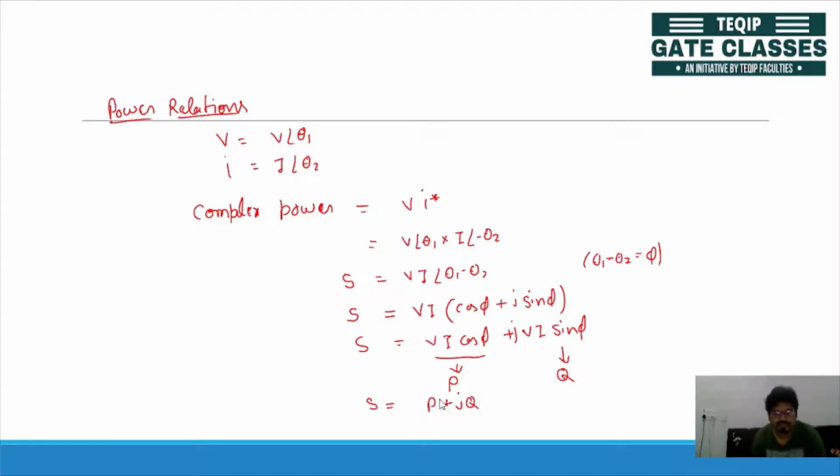If you write it in polar form, the magnitude V I is your apparent power.